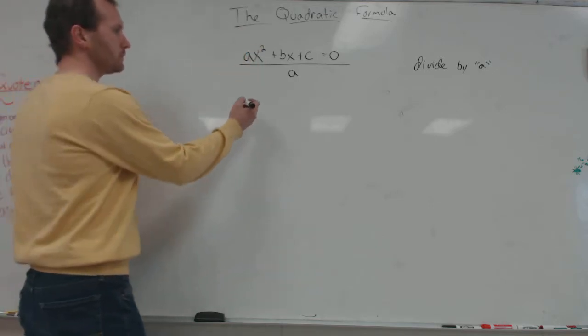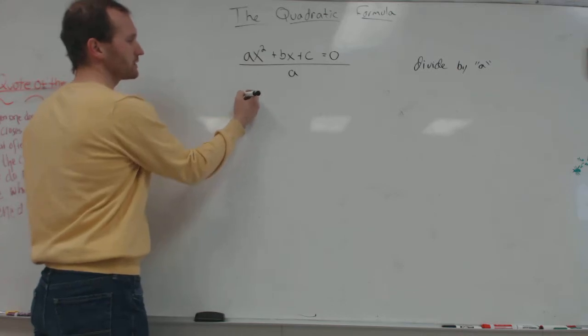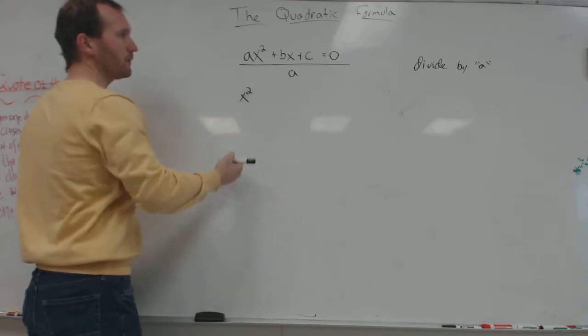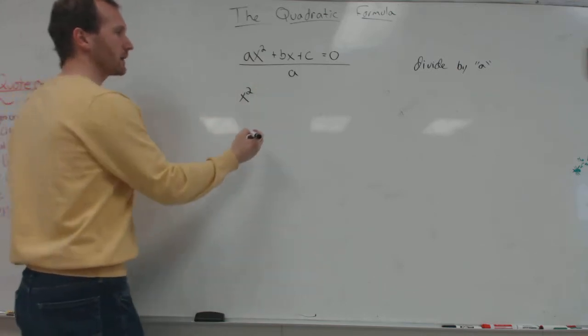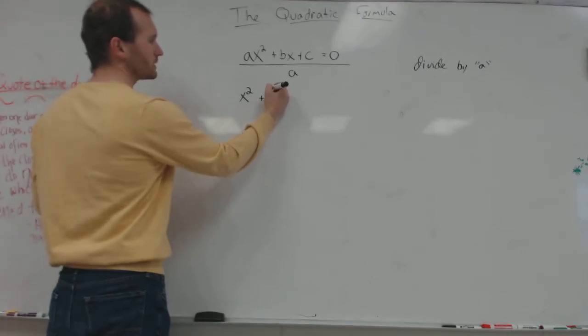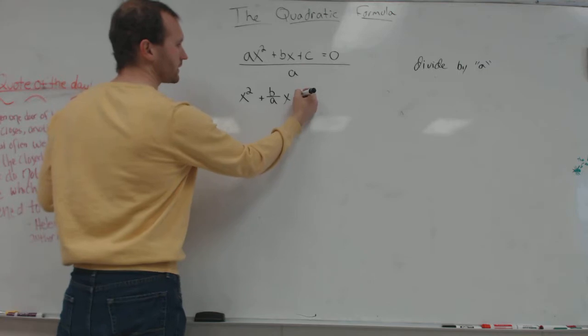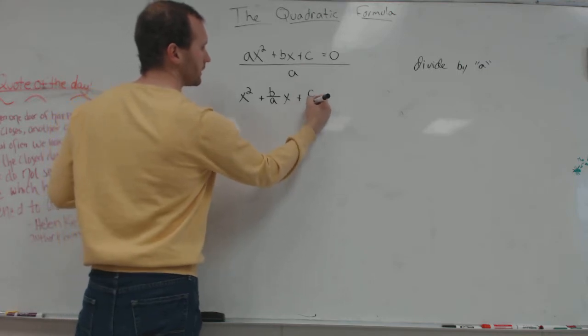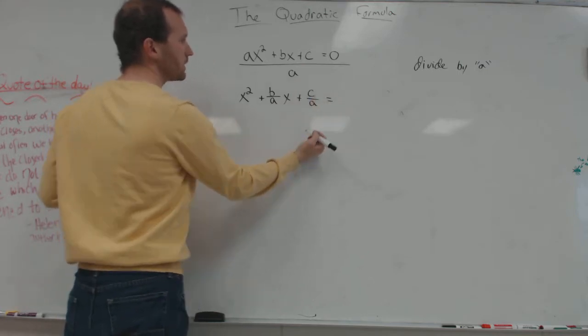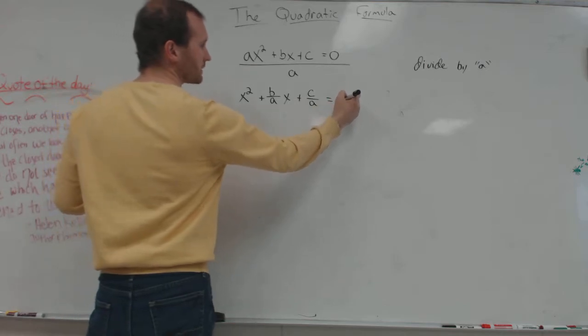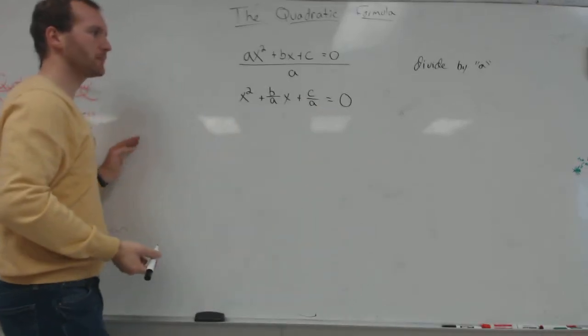All right. So a divided by a is just going to be 1. So we have x squared plus b divided by a, x, plus c divided by a equals, and 0 divided by a is still just 0.